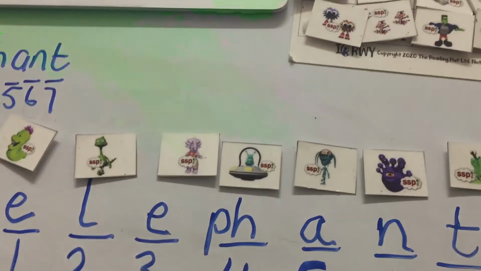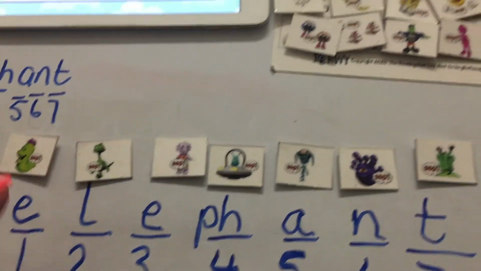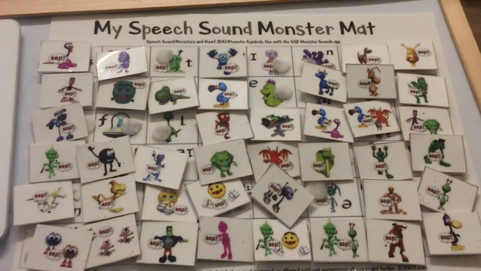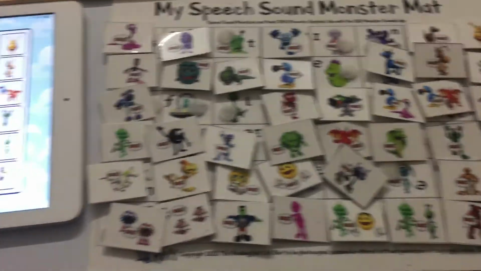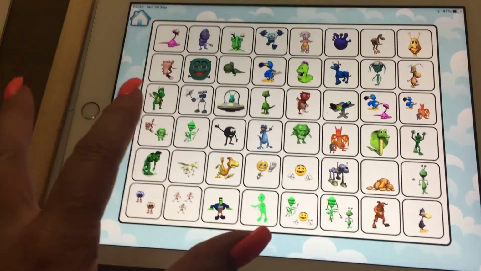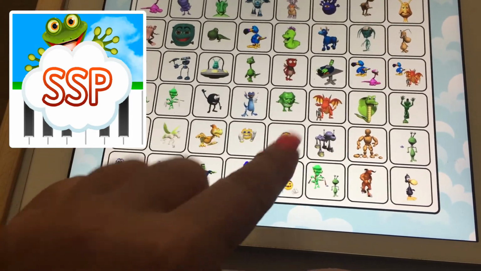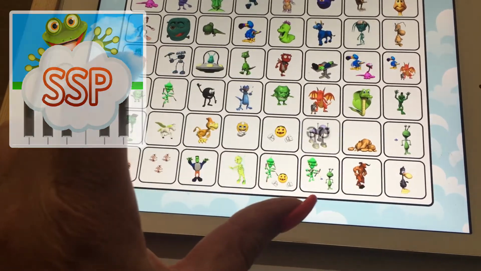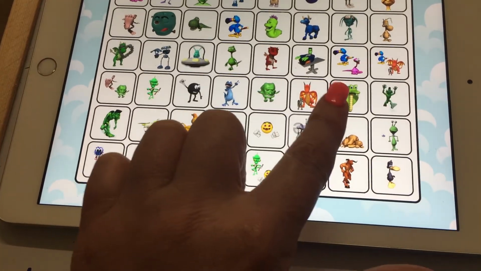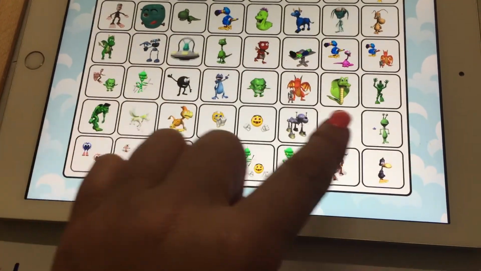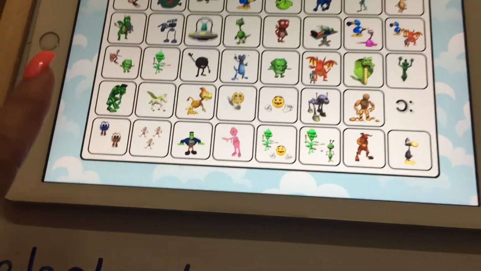So this is what we're going to do with the Speedy Six. You're going to have your own speech sound monster mat. And if you get the Spelling Piano app, you can find all these monsters and their phonetic symbols. Or.